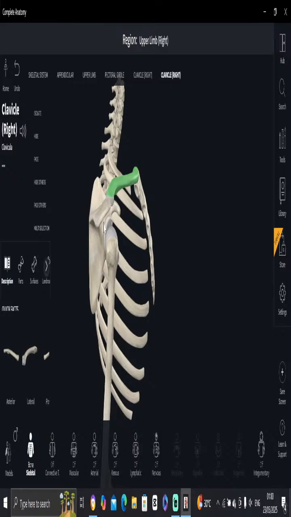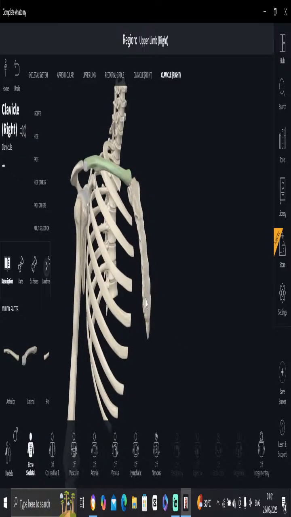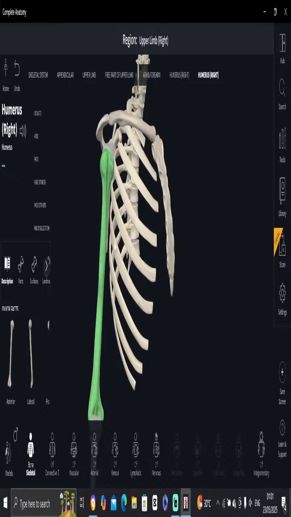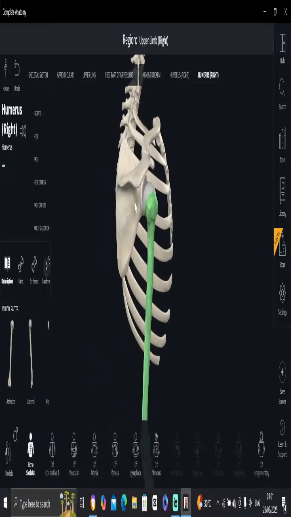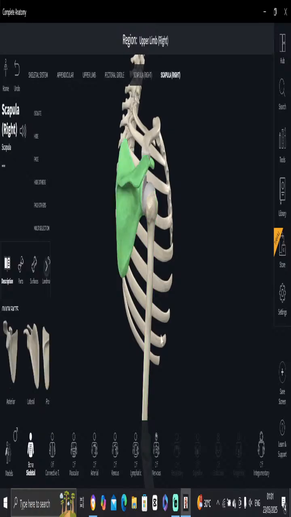Per se, they are not part of the free upper limb, but rather they connect the free upper limb to the axial skeleton. The free upper limb actually starts from the humerus, while the scapula and the clavicle connect the humerus to the axial skeleton.